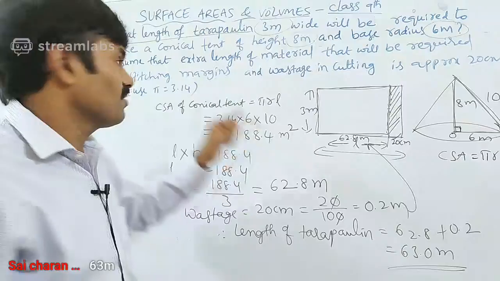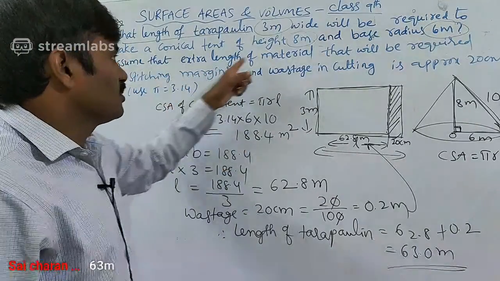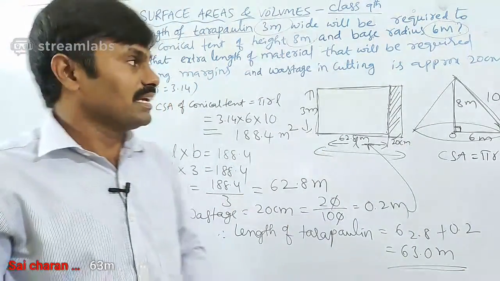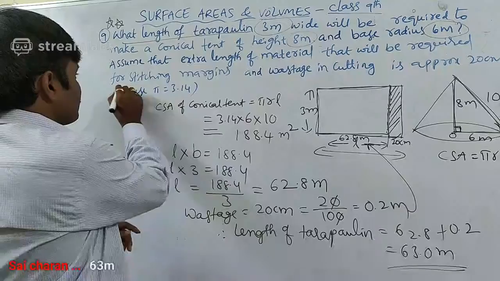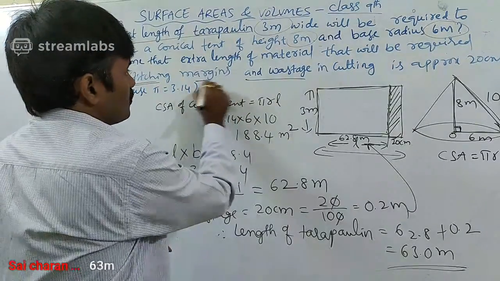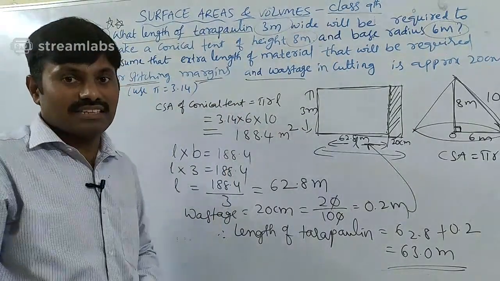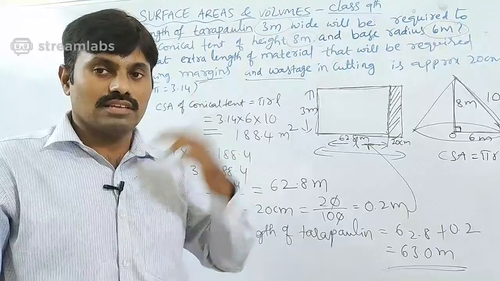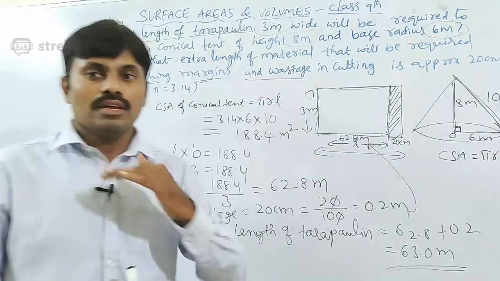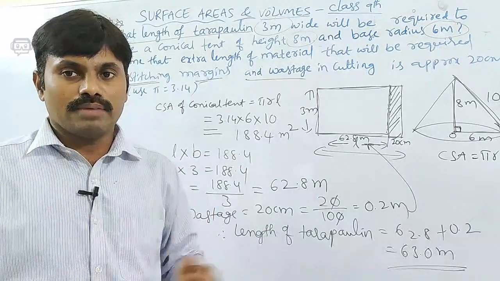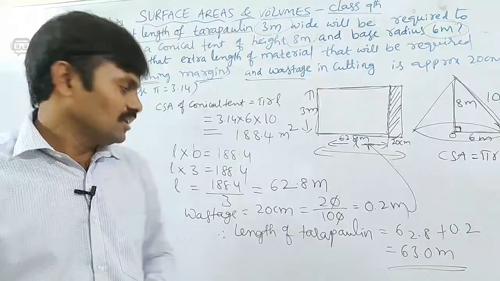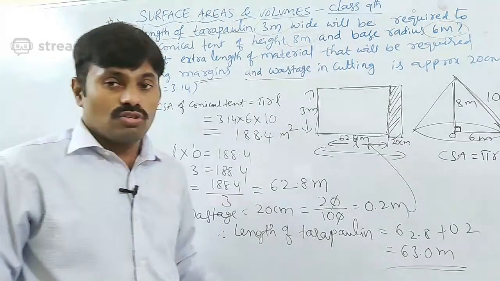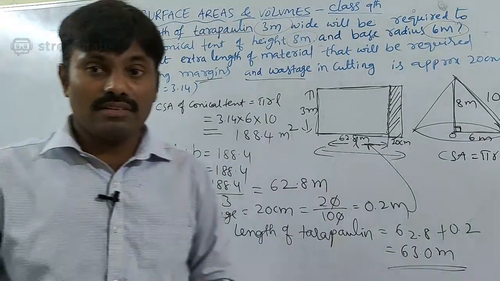They also gave one point, that the material required for stitching, stitching margins and wastage in cutting is to be assumed. So what is the actual length of the tarpaulin before we cut or before we make a conical tent? So this is the solution of question number 9, my dear friends and students.